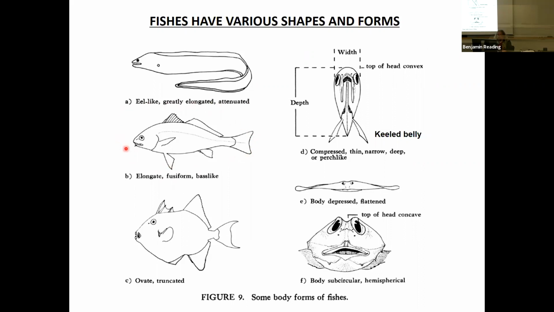But we also see this form here showing up over and over again, and it seems to not follow our phylogenetic distribution, which means that the eel-like shaped body is obviously successful as well. It's evolved several times in marine fishes as well as freshwater fishes.